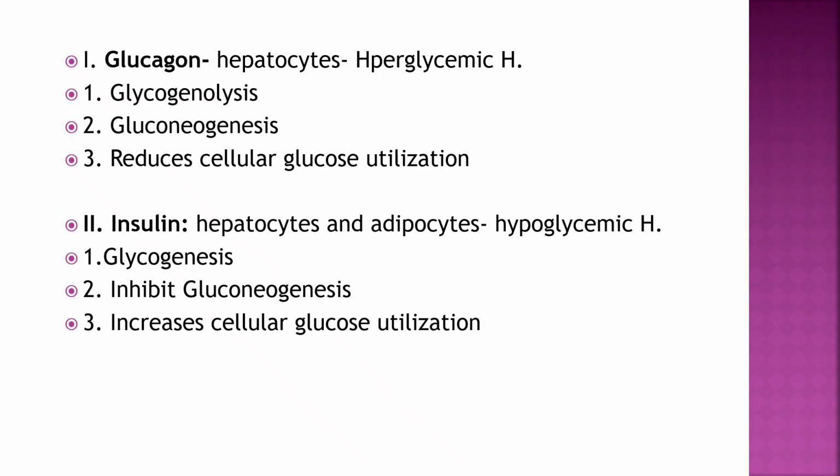And then insulin, secreted from the beta cells of the islets of Langerhans, acts on the hepatocytes and adipocytes, that is fat cells, and it is a hypoglycemic hormone. The mechanism is glycogenesis, that is conversion of glucose into glycogen. It inhibits gluconeogenesis and increases cellular glucose utilization, and in this way it decreases the blood sugar.